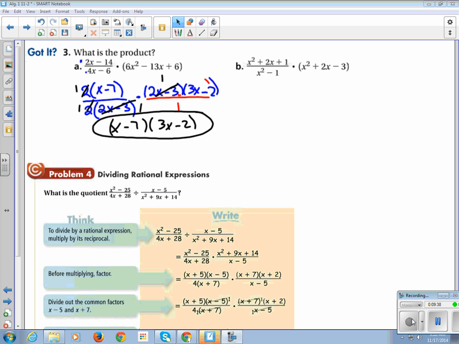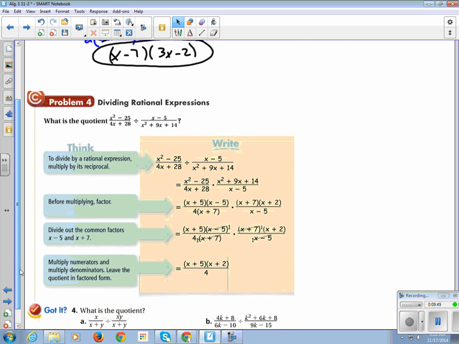Now, dividing is the same as multiplying, except remember when you divide by a fraction, you multiply by the reciprocal. So if we look at our sample problem, they had x squared minus 25 over 4x plus 28 divided by x minus 5 over x squared plus 9x plus 14. So you start out with that on your paper.